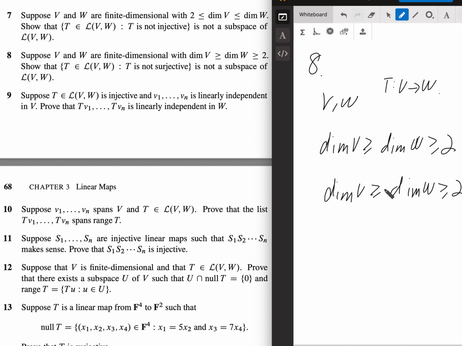The dimension of V is forced to be greater than or equal to the dimension of W, because if the dimension of V were less than the dimension of W, then every map would be not surjective, right? So all the non-surjective maps would form the entirety of the set of linear maps, which would be a subspace, because there's no way you can get out of that closure.